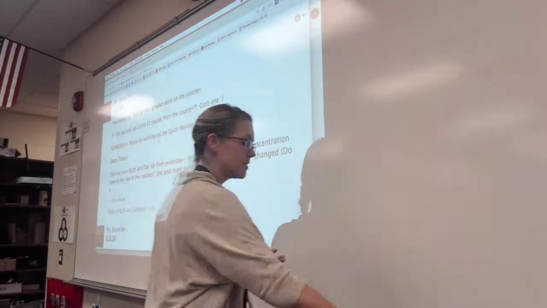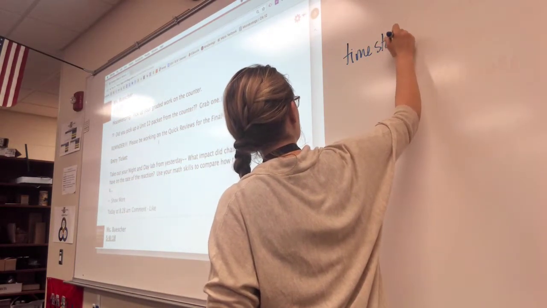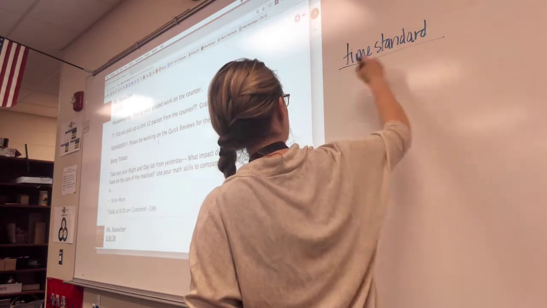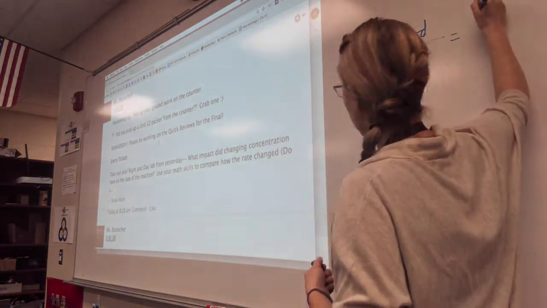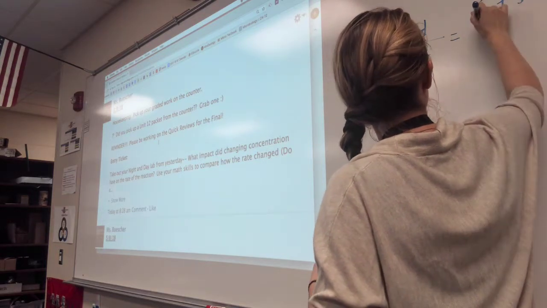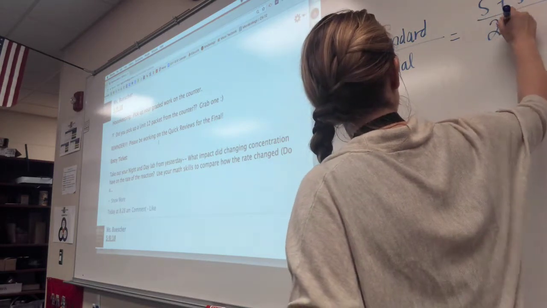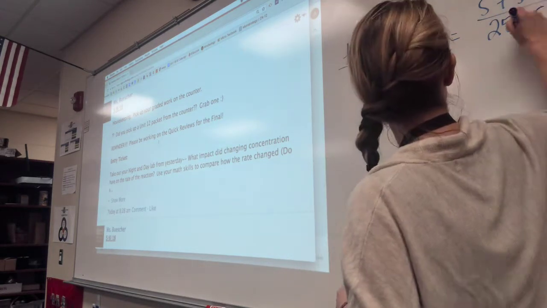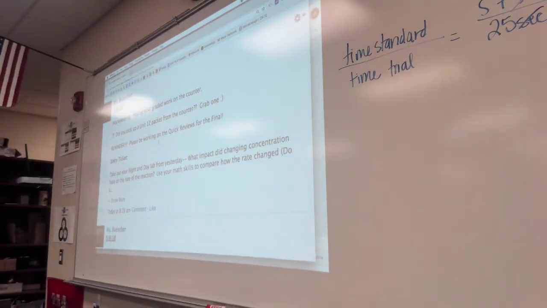You'll calculate the comparison by doing the time of the standard divided by time of each trial. So the standard run was 57 seconds. Is that right? Okay, and what was the time for your first run? 25 seconds. So seconds cancels out, and I'm going to get a relative number. So you just grab your calculator, do 57 divided by whatever yours is. You will record that under part A, so mixture 1 versus the standard.